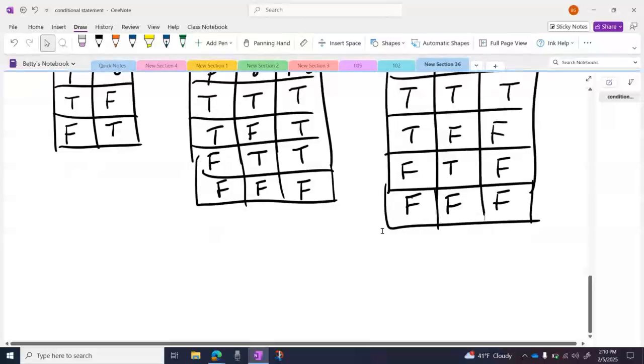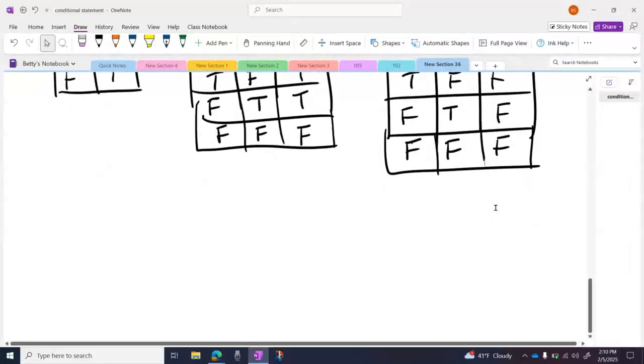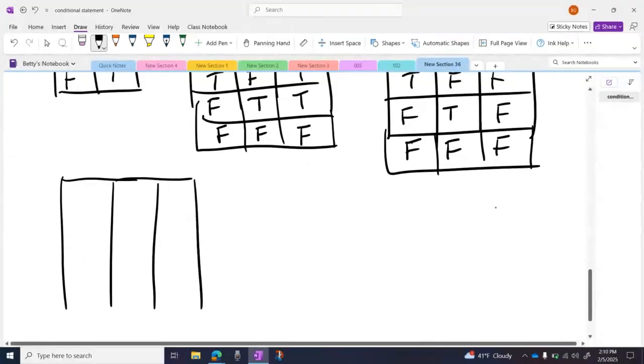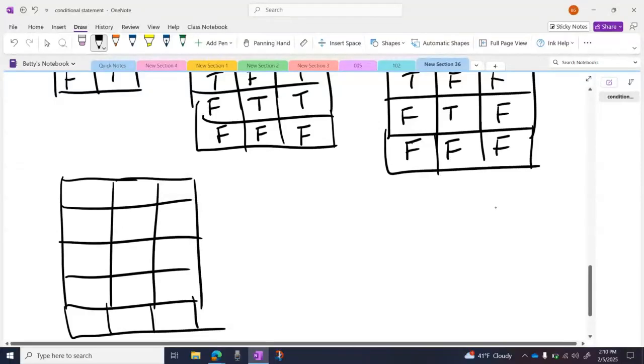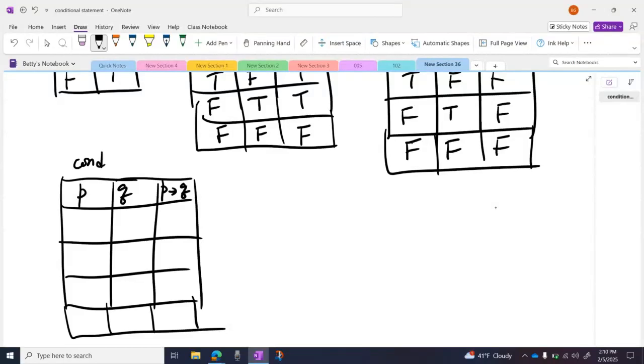Very simple. And now we're going to talk about conditional. 1, 2, 3, 4. P, Q, P implies Q, conditional. And the 4 cases are the same: TT, TF, FT, FF. All right?